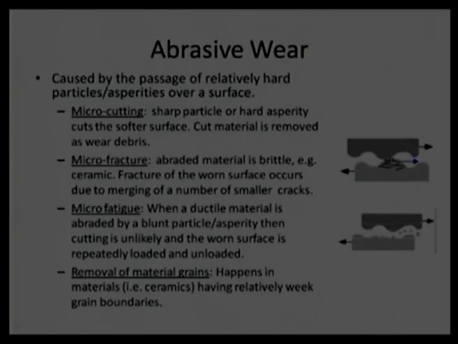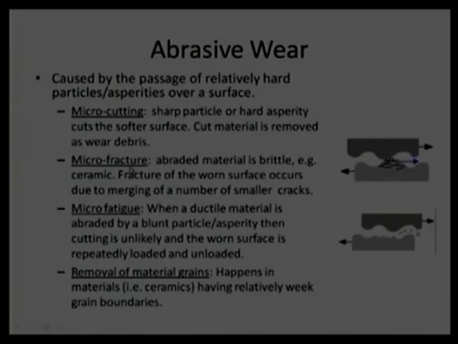So, after a certain duration, after certain cycles, this will get fractured, and due to fracture there will be new surface generation, which may be smoother or worse than the earlier surface, depending on the rate of loading which we are applying. If the rate of loading is very, very high, there are more chances that this will make a big pit in the surface itself, which should be avoided. So, this is what we call micro fatigue, generally caused by spherical cavities. Micro cutting is caused mostly by conical cavities, and there will always be a mixture of these two.